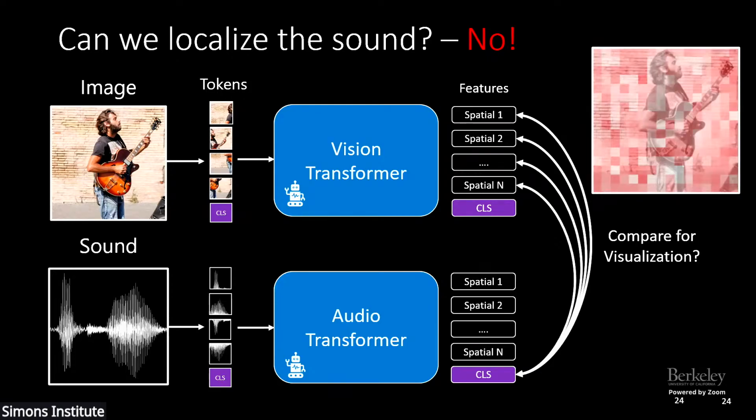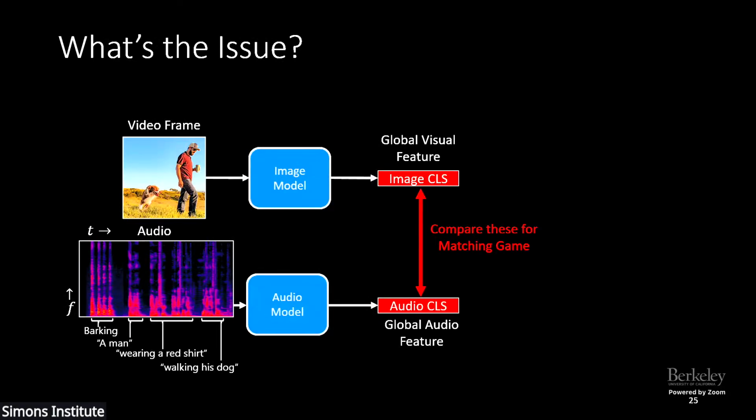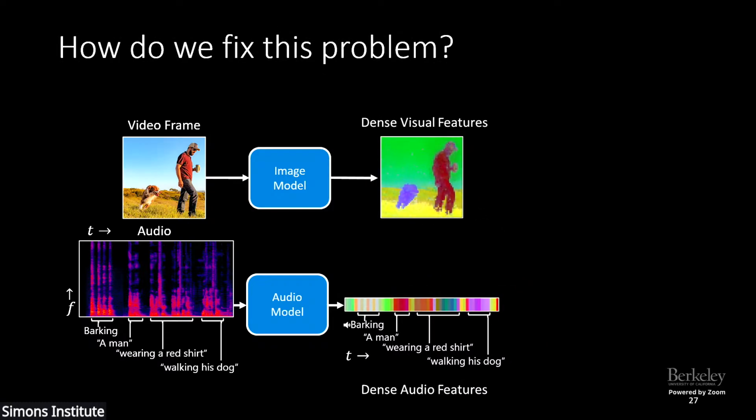One of the key issues here is that we're not really optimizing for these spatial tokens to be used in any meaningful way. And so that's the problem that we tried to fix. So we took that ImageBind architecture, and normally it's just taking these class tokens and playing the matching game with them. And we looked into that trash can of spatial features. We did a little dumpster diving, and we pulled back out these spatial features.